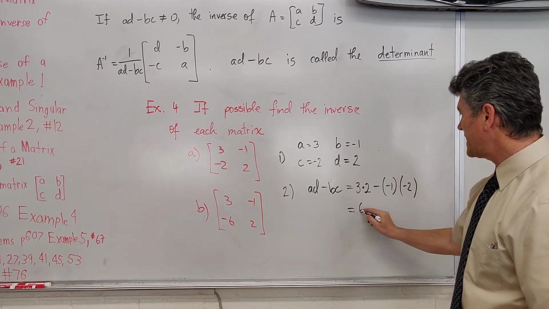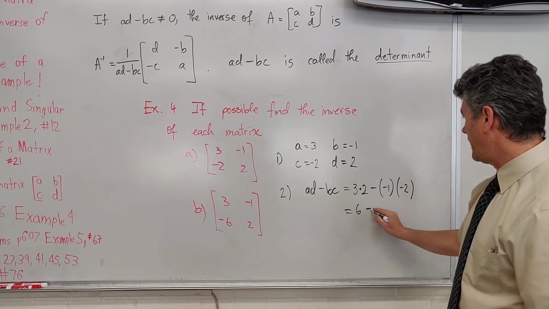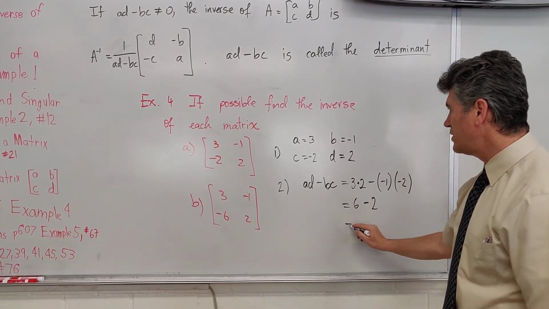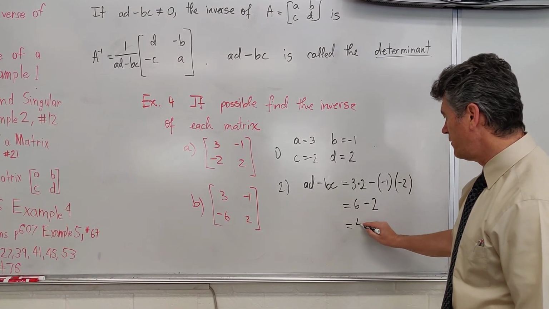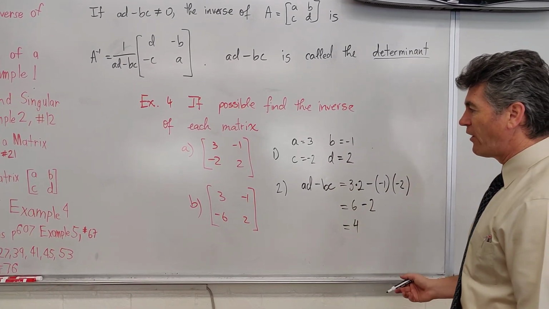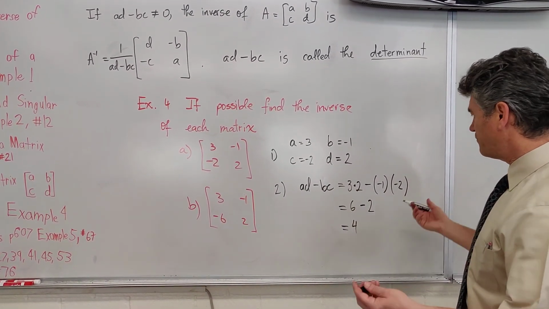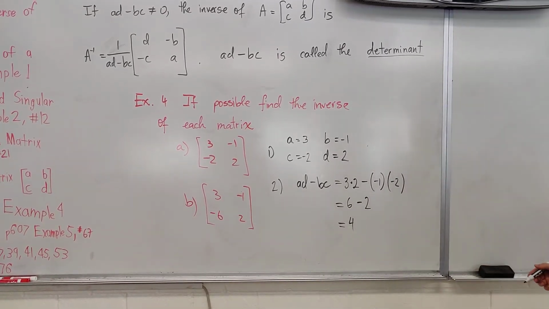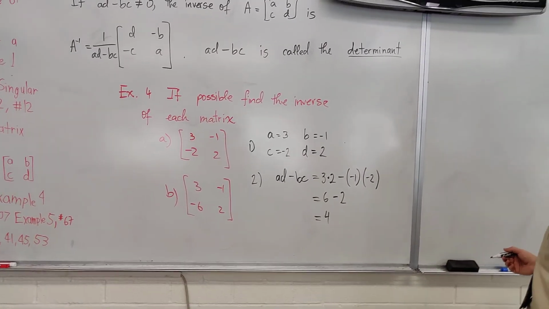So we have 6 minus 2, which is equal to 4. So since the determinant is not equal to 0, that's fine. This matrix actually has an inverse.